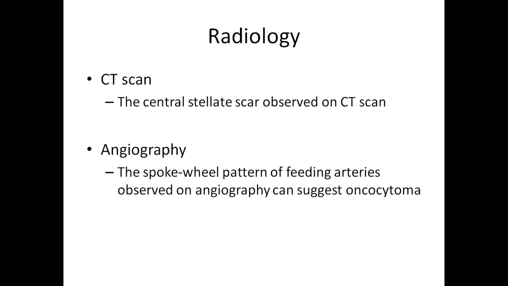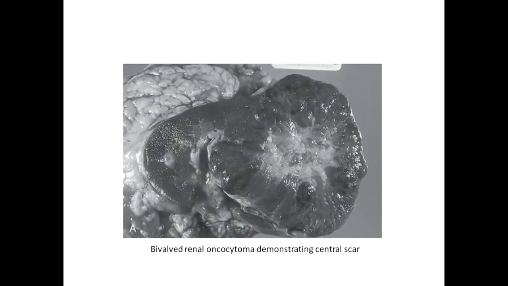You have to go for surgery, but you are safe once the diagnosis comes as oncocytoma, because there is no chance of metastasis or any further follow-up. Nothing is required. And this is one classical oncocytoma. You can see that central scar, which is appreciable even on the CT scan.